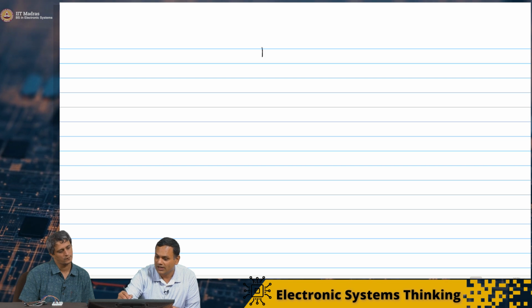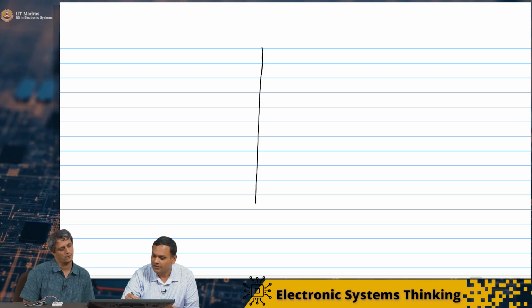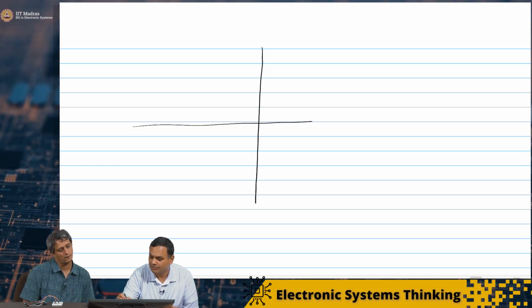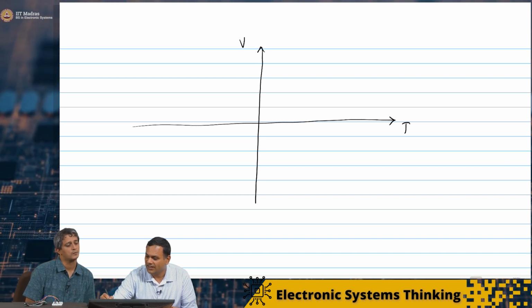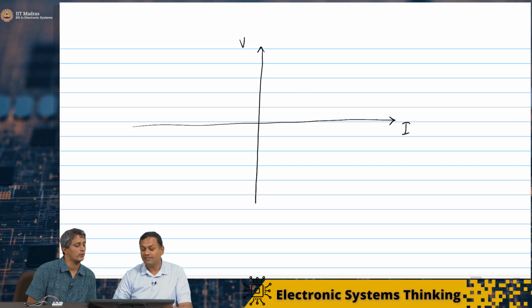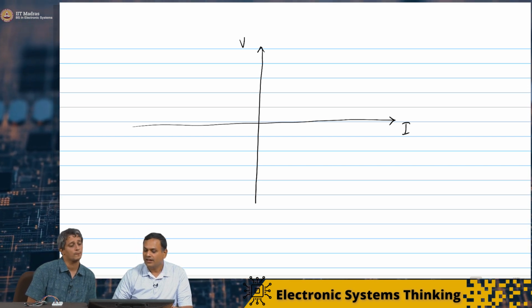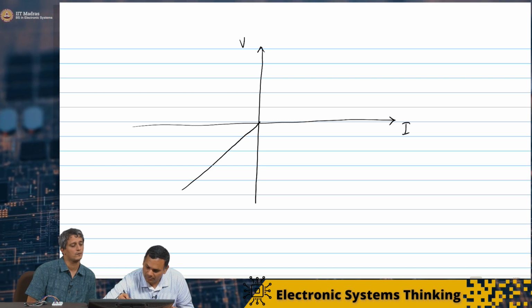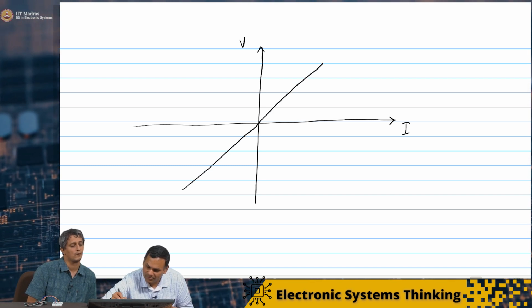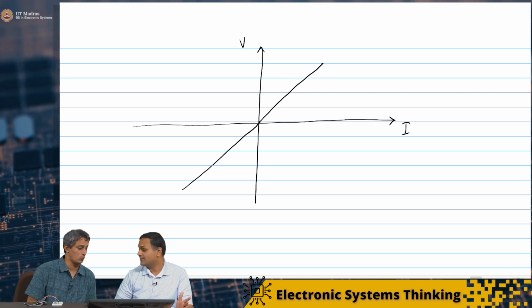So what I'm going to do is look at the VI characteristics of a resistor. Let's say I plot V versus I. We know that the resistor characteristic is linear and passes through the origin.